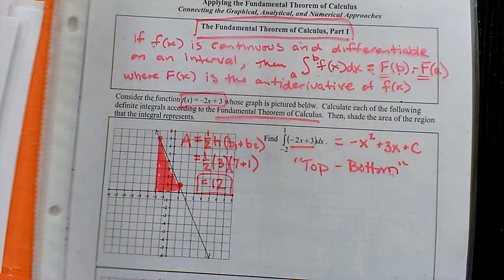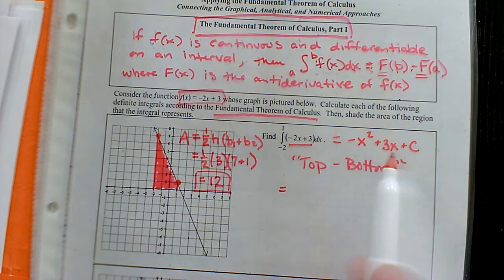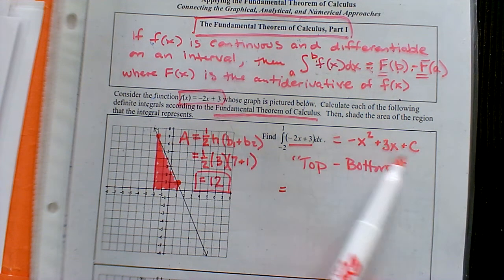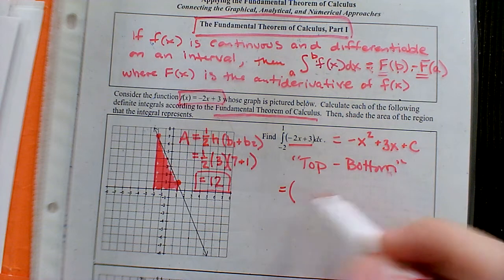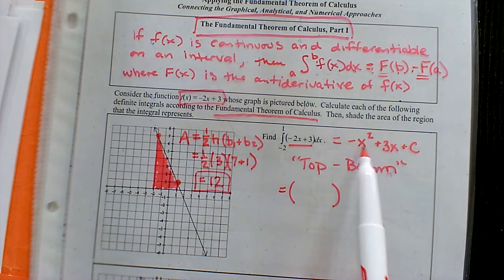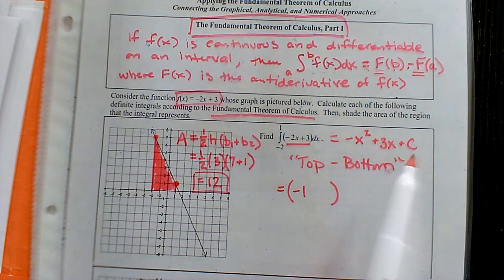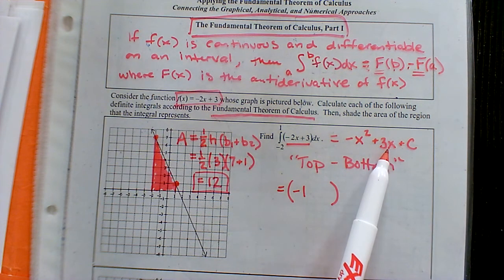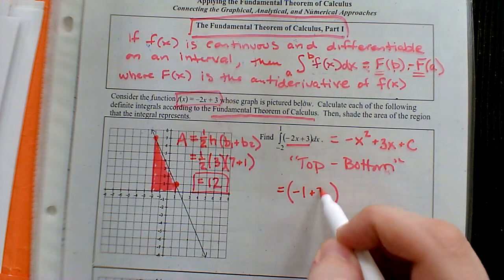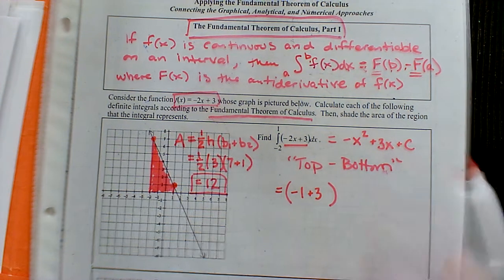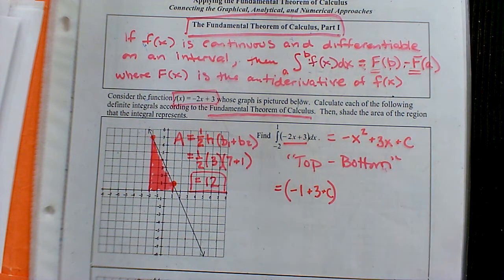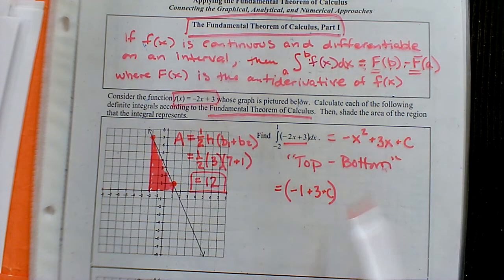So we're going to plug in 1 into all of these x's and see what we get. 1 squared is 1, and then we have the negative out front. If we plug in 1 for the next x, we'll have plus 3, and then we have plus c.